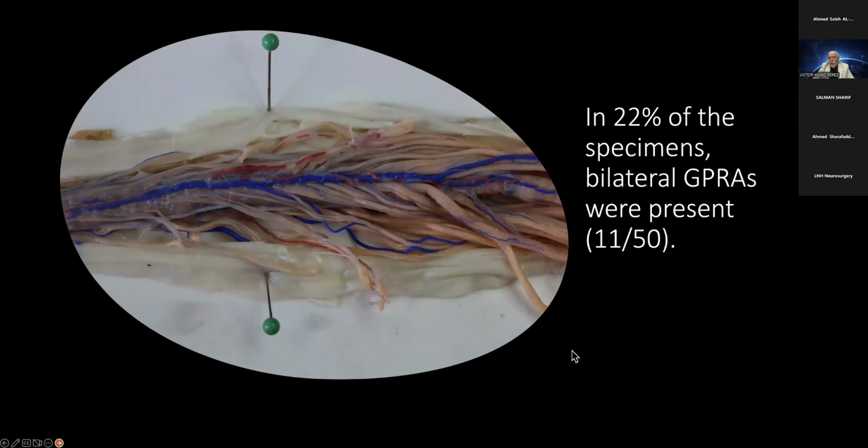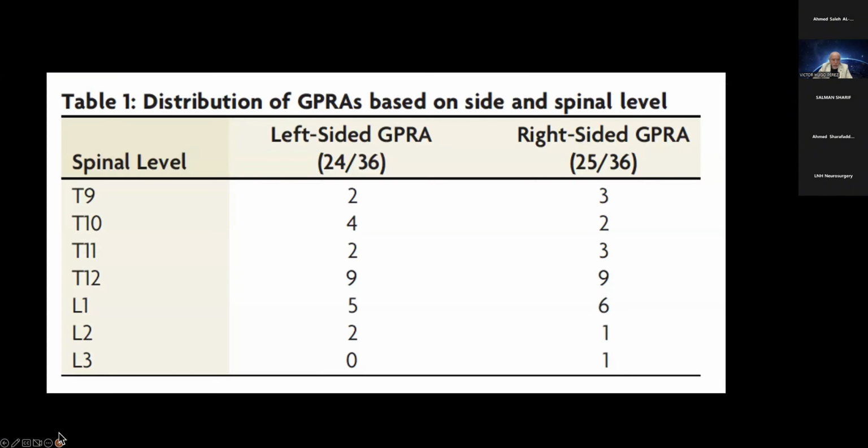So in 22% of the specimens, bilateral GPRAs were present, 11 from 50 spinal cords studied. This is the table about the distribution of the great posterior radiculomedullary arteries based on side and spinal level. In T12, on the left side, we found 9 arteries, and on the right side, also 9.